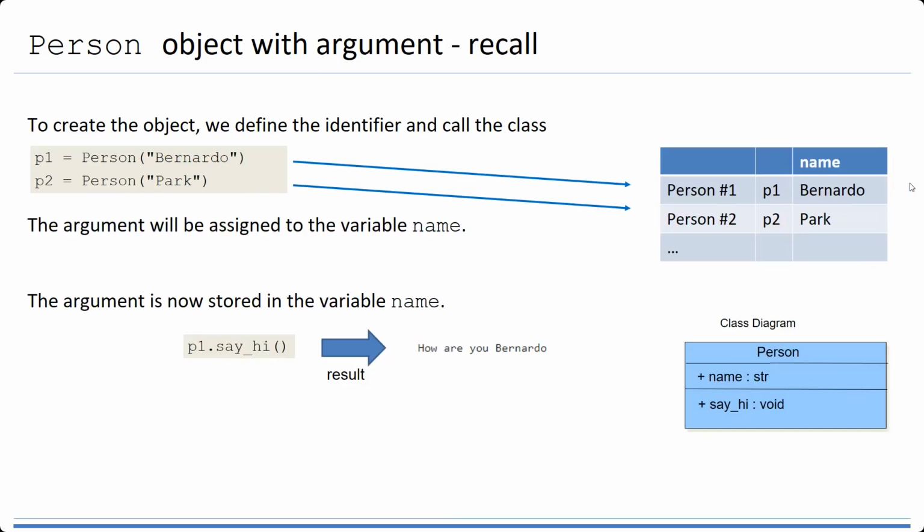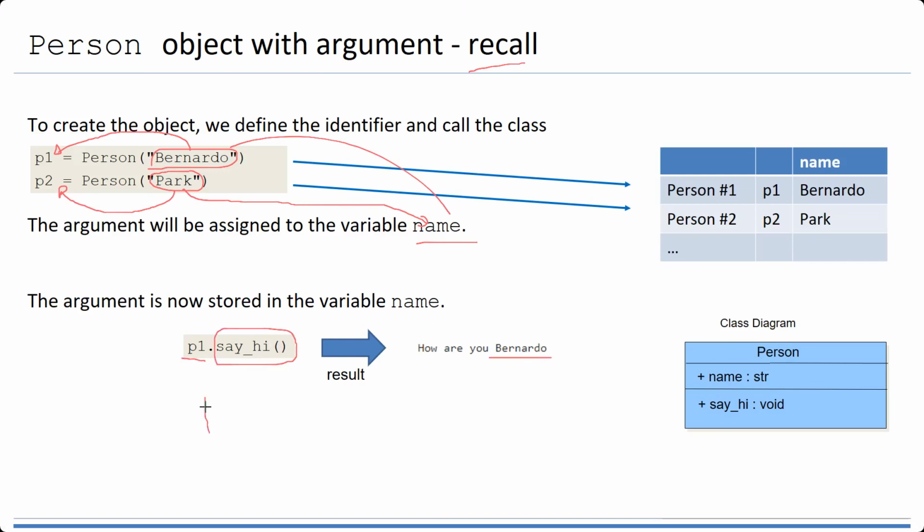This is just a recall. Whenever you have an object, this refers to the name directly calling into the variable name. And we have another argument, this is another name. Then it means this name belongs to P1 and this name belongs to P2. That's why when you call the method say hi, if you call P1, then you will see Bernardo.